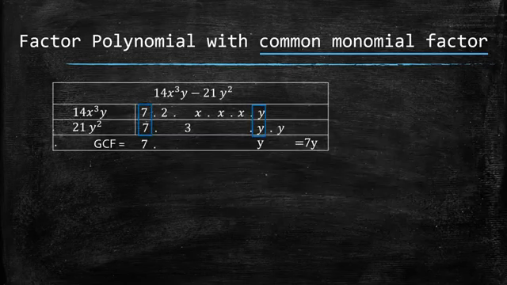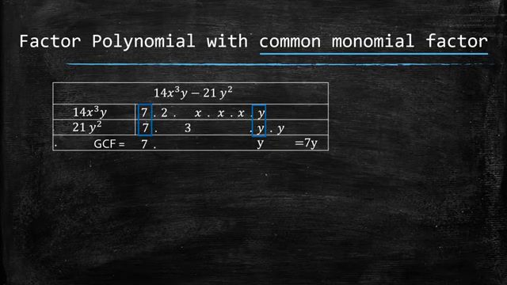Okay. Our example earlier, class, was 14x cubed y minus 21y squared. Isn't that the result? You can play back or rewind the video to check if this is the example from earlier. Okay, with this, how do we factor 14x cubed y minus 21y squared?